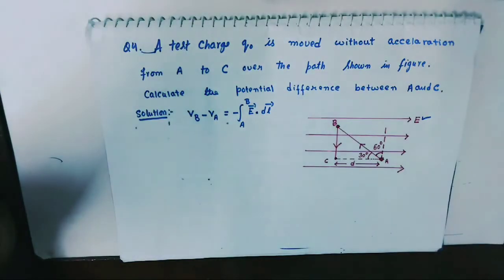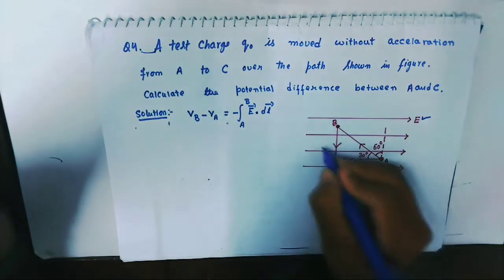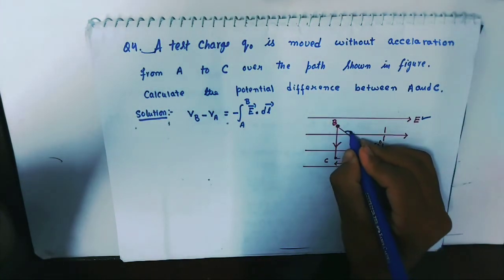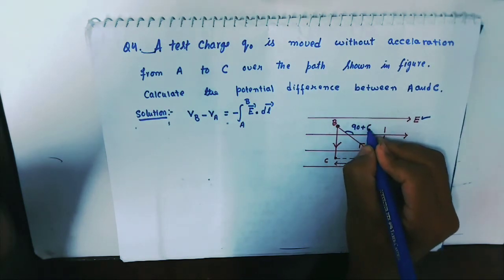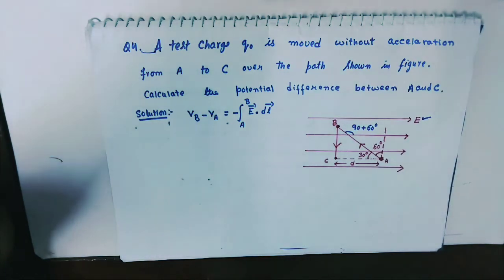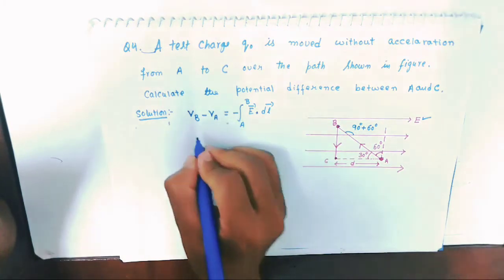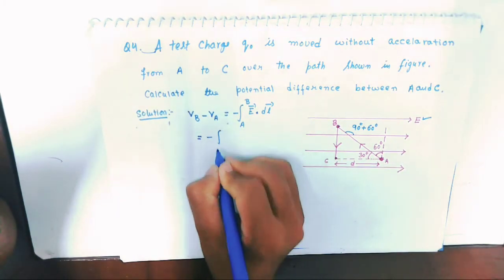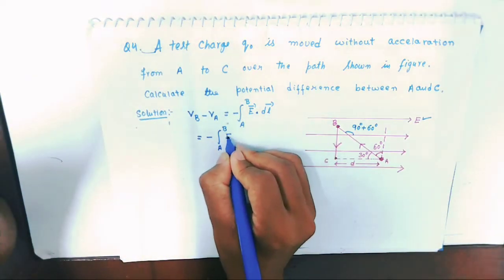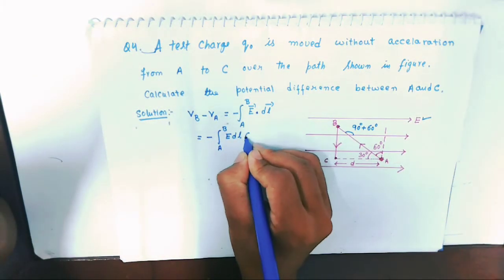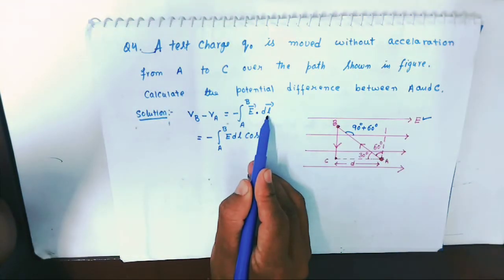The angle between AB and this electric field is 90 plus 60 degrees. So we can write minus integral from A to B, E dot dl is E dl cos of the angle between E and dl.